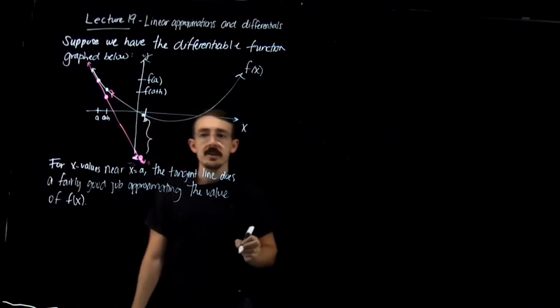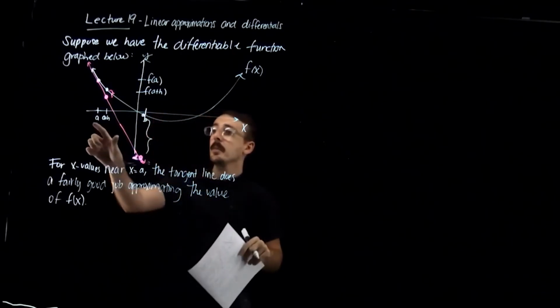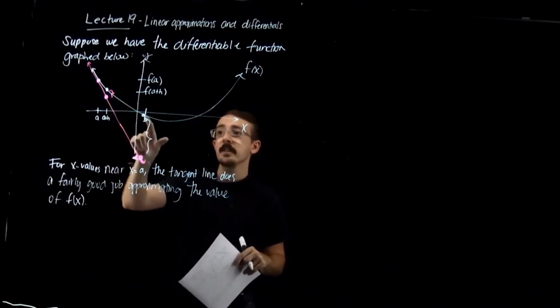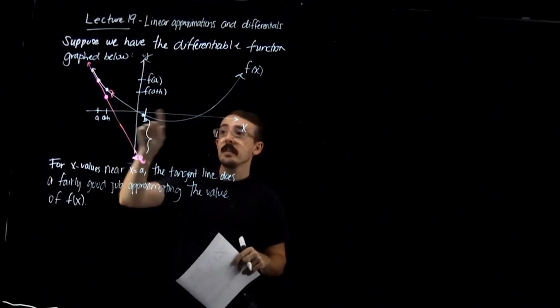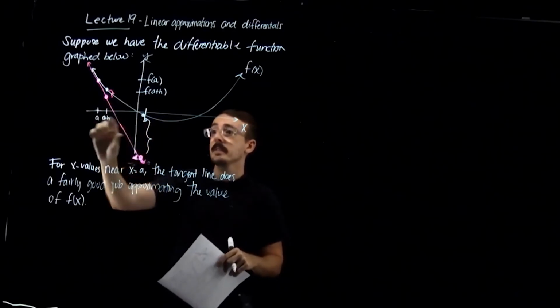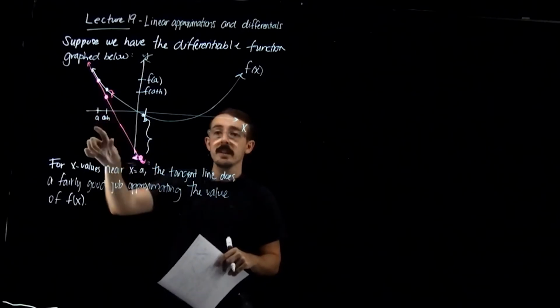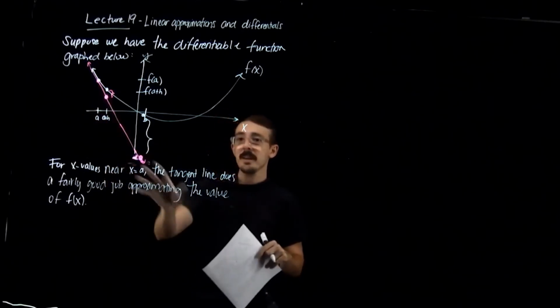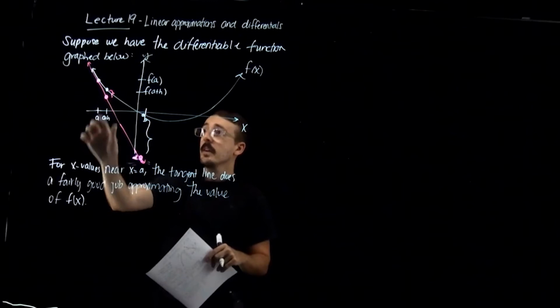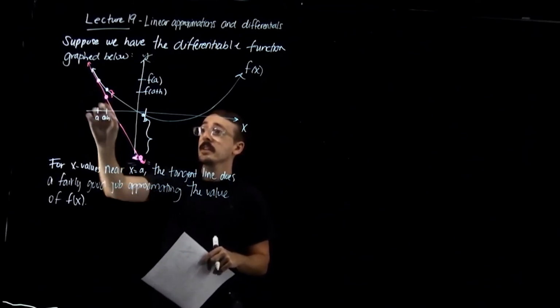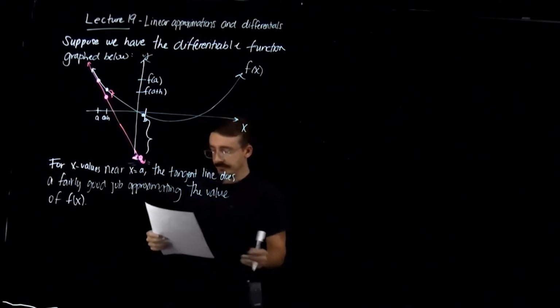This is a very large distance here. So now that we're this far away from A, this is a very poor approximation of what the original graph is doing. So we probably wouldn't want to use the tangent line too far away from the original A value where we were tangent to. Okay? So this is what I mean by if you're near the x value where the tangent line is taken, then the tangent line is a good approximation for the graph.